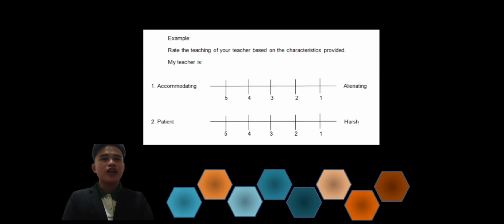For 1, accommodating with 5 as the highest positive response, and alienating with 1 as a negative response. We have patient as 5, the same with number 1. 5 being the highest positive response and 1 being the lowest negative response, which is harsh.